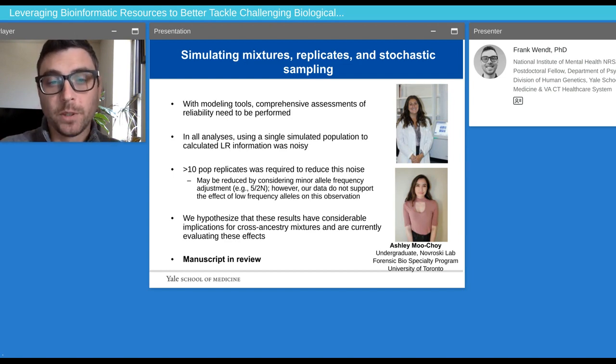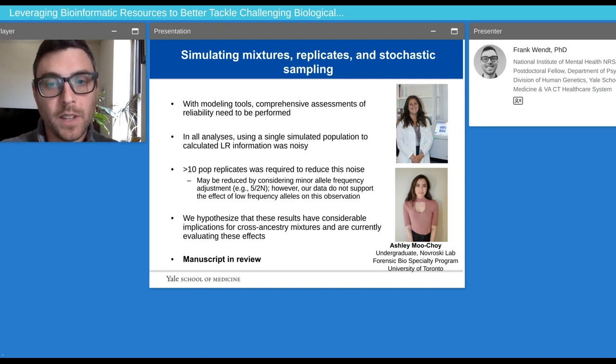While this may have reduced our population replicate count, our data did not support that low frequency alleles, or profiles or mixtures that carry low frequency alleles, were the origin of the large distribution in likelihood ratio differences that we observed.